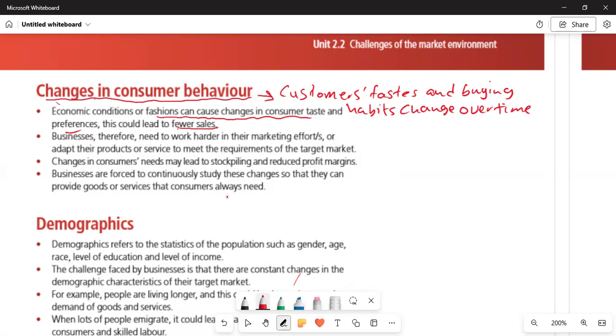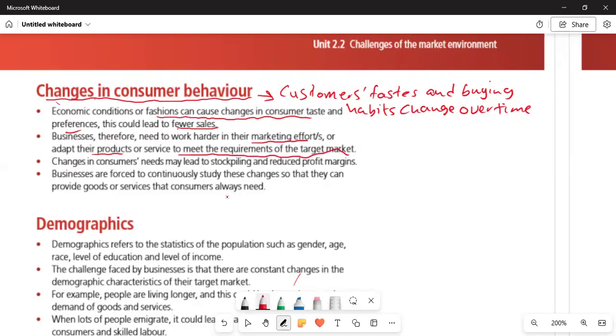So if the organization is not keeping itself up to date with what is happening in the market, it's going to find itself with fewer sales because of changes in consumer behavior, like we've said, that is changes in taste as well as preferences. Businesses therefore need to work harder in their marketing efforts or adapt their product or service to meet the requirements of the target market.